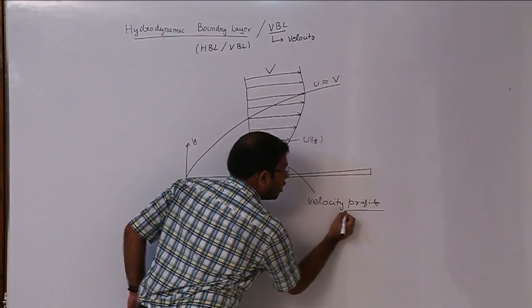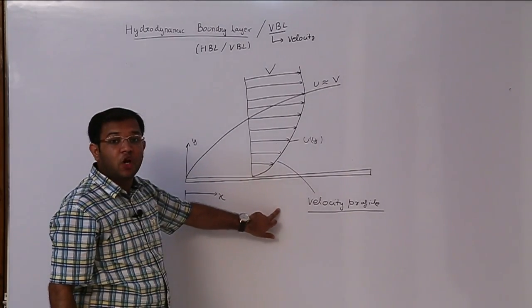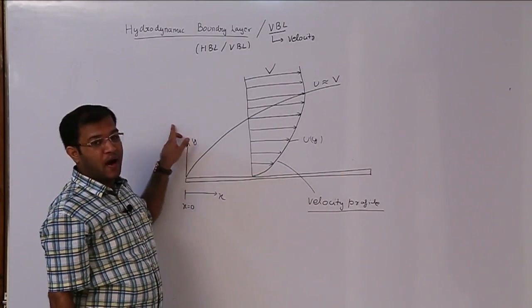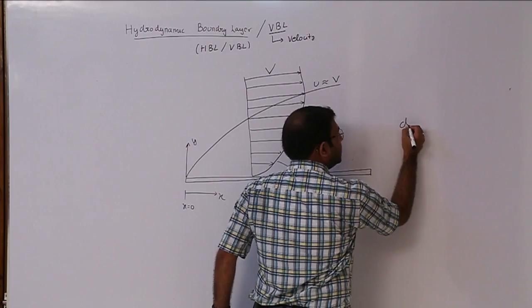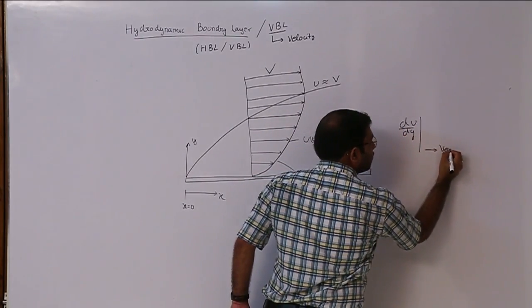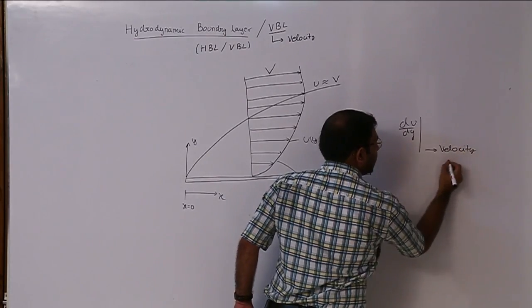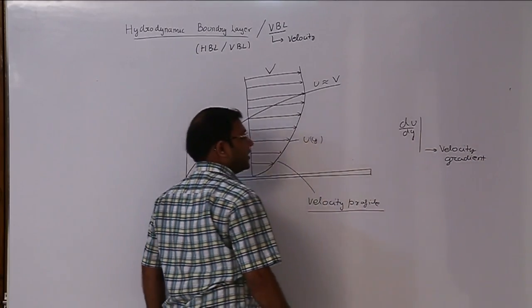Velocity profile is nothing but it shows variation of velocity with respect to y direction. It has some slope du by dy, and it is known as velocity gradient.